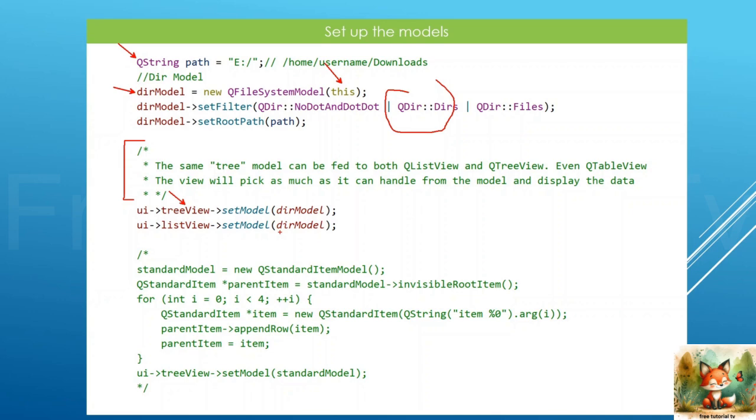The view knows its capabilities, and it will read as much as it can and ignore whatever it is that doesn't make sense for the view. For example, the list view doesn't really have the capability to manage parents and children, so it is just going to show the first level of the tree model and ignore the rest.